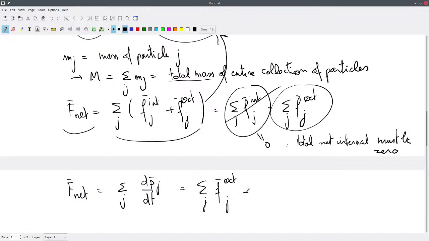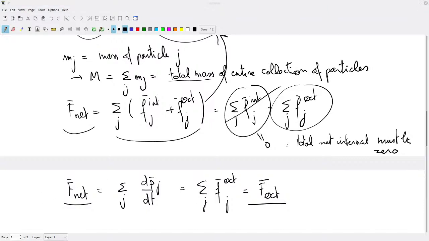And that's what we're actually going to call not F net, but F external, because now we know that the net force is actually the external force, because all of the internal forces are canceling out. They're just components that mutually cancel out between each other.